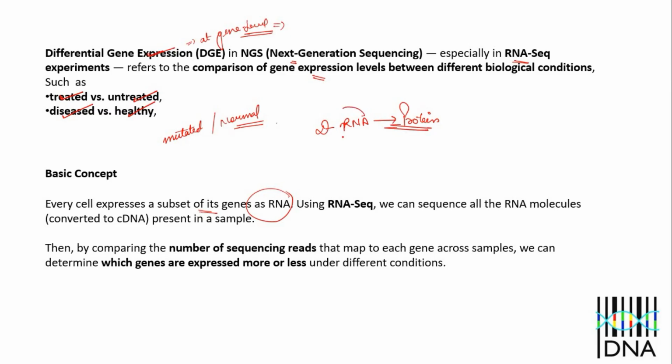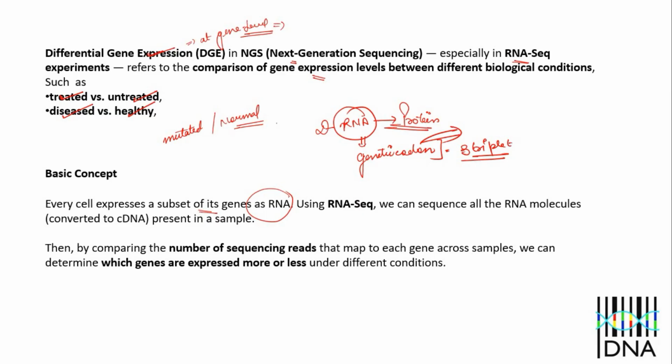And this mRNA contains some genetic codons, and basically a triplet form of nucleotides is known as a genetic codon. It is decoded with the help of the ribosome, and protein is synthesized.